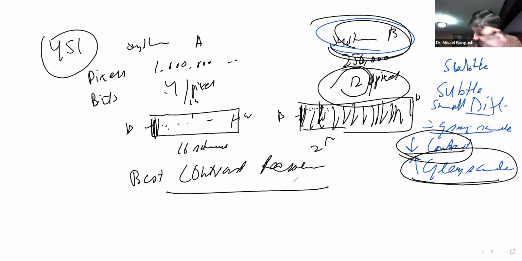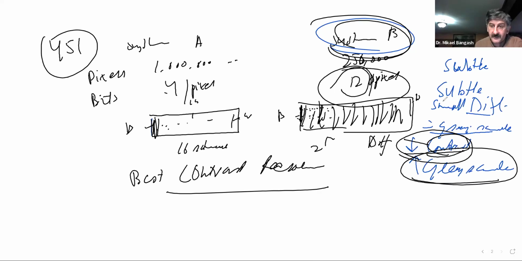So the differences in the grayscale means the contrast between the gray shades as we go from the darker to the lighter. Because the word contrast just means different.